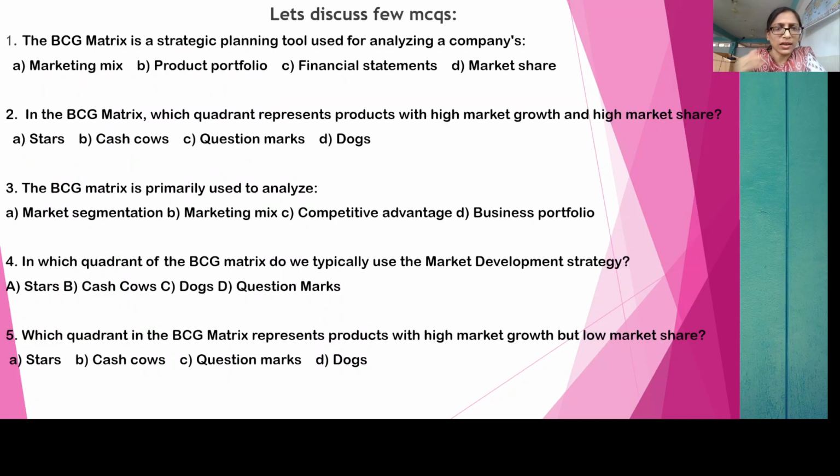So let's discuss a few MCQs. The first one: the BCG matrix is a strategic planning tool used for analyzing companies' market mix, product portfolio, financial statements, or market share.